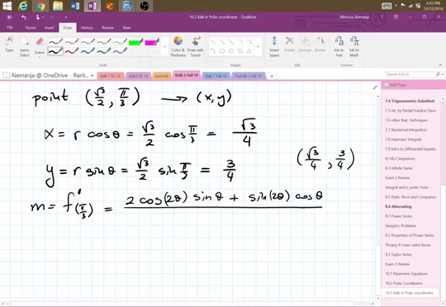And we're going to plug in pi over 3 later. Again, the derivative, so 2 cosine 2 theta times cosine theta minus the original function sine 2 theta times sine theta.